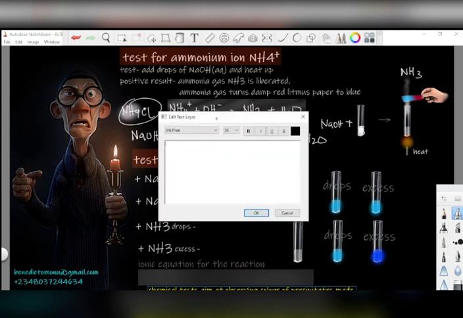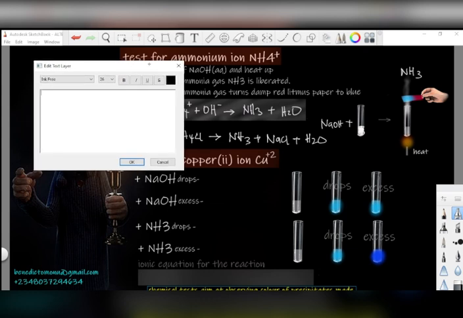So I'm going to write here, in sodium hydroxide drops, we have a pale blue precipitate. Allow me to use PPT. And in excess, the precipitate does not dissolve.